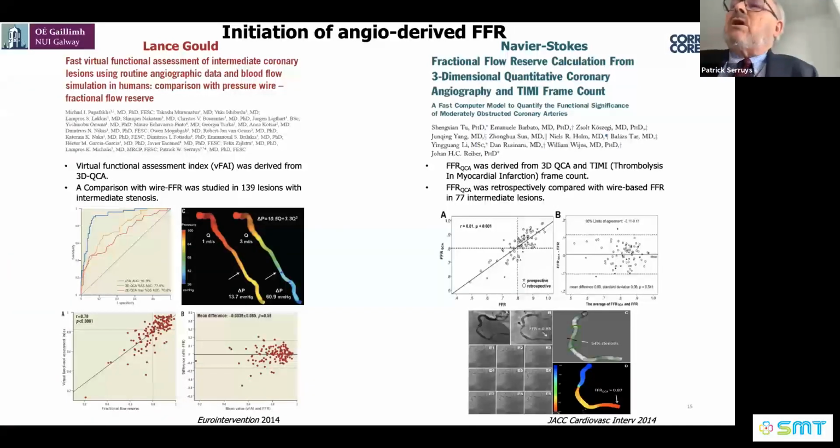And then on the other side, you have Hans Reiber working with one of his mentees, Shengxian Tu, and William Wijns, using the Navier-Stokes equations, published in JACC Interventions basically the same year, in 2014, as you can see at the bottom of the slide. Next.